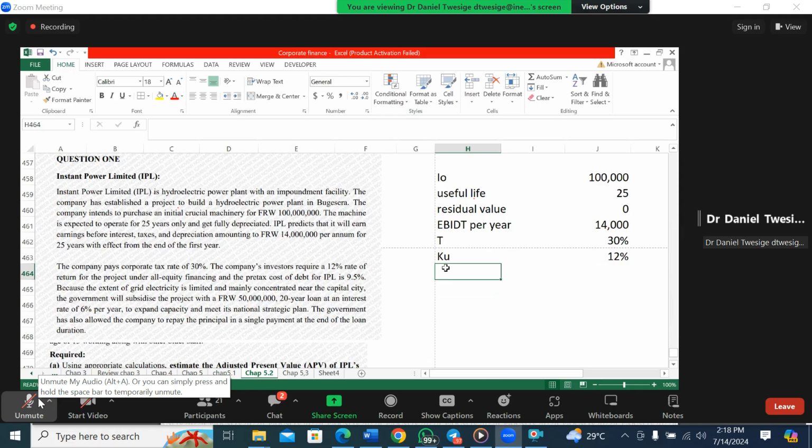Now, it says the pre-tax cost of debt, our Kd, is 9.5.